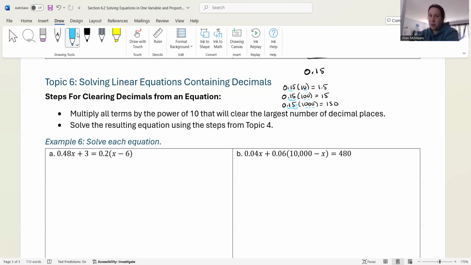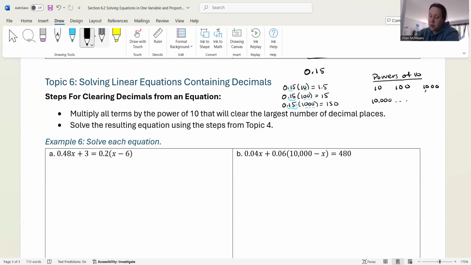Now, I do want you to remember a couple of things. Powers of 10, in case you are forgetting, would be like 10, 100, 1,000, 10,000, and so on. So basically 1 followed by zeros, those are your powers of 10.